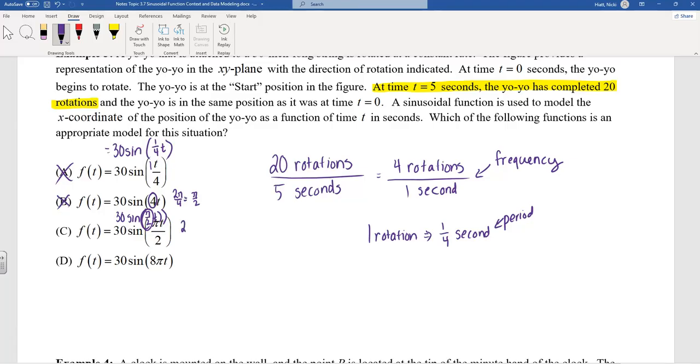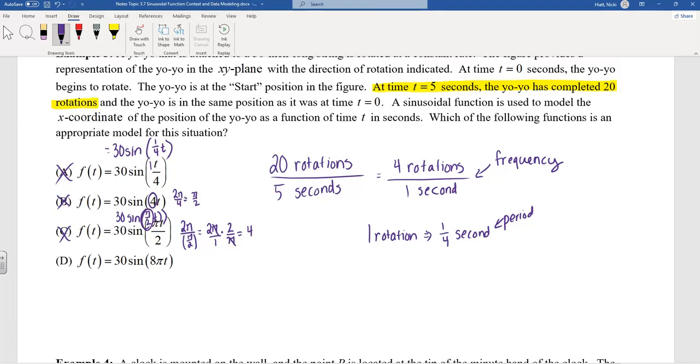So if I do 2 pi divided by pi over 2, dividing fractions is easy as pie. Flip the second and multiply. And the pi's will cancel, but I'll get 4 here. Is that what I'm supposed to have? No, so I'm hoping for D to work out for me.